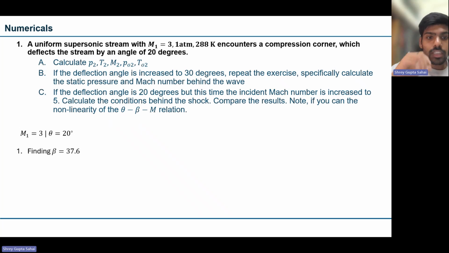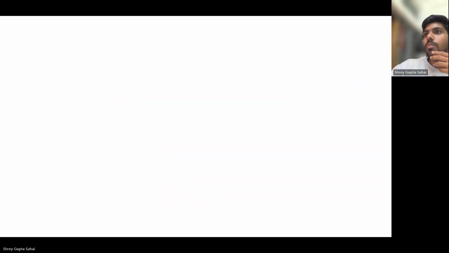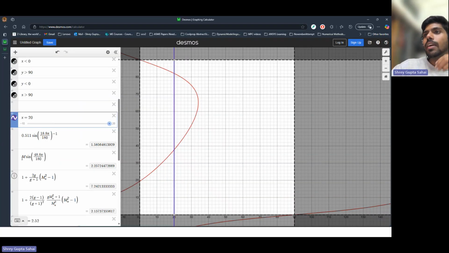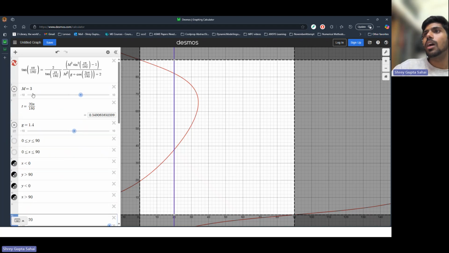How we are going to do that: Mn1 is M1 sine beta. Let's check what that value is.